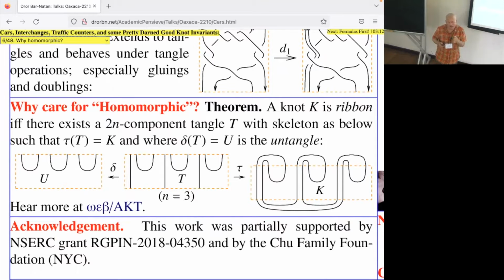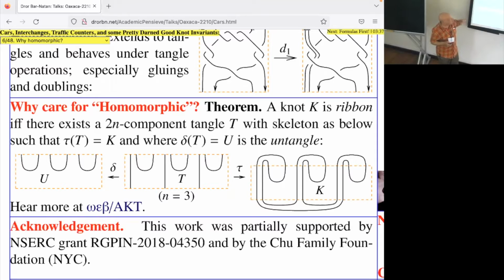So briefly, why? Because basically, once you have these operations on tangles, there are classes of knots that can be defined algebraically using these operations. So for example, there is a theorem saying that a knot K is ribbon if and only if, but forget the theorem, you can take this as the definition of a ribbon knot. And people are interested in ribbon knots, so that becomes an interesting definition.